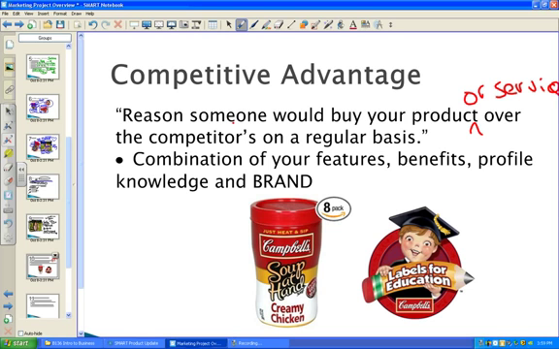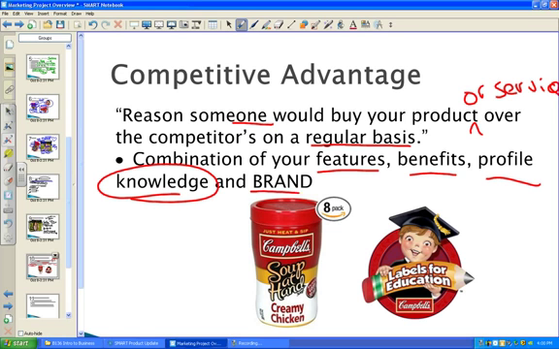Notice it says someone, not people. Or you might get someone to switch on a coupon, but that's not what we're talking about here. The answer to your competitive advantage is a combination of features, benefits, and your customer profile, not just who they are, but your knowledge of them.